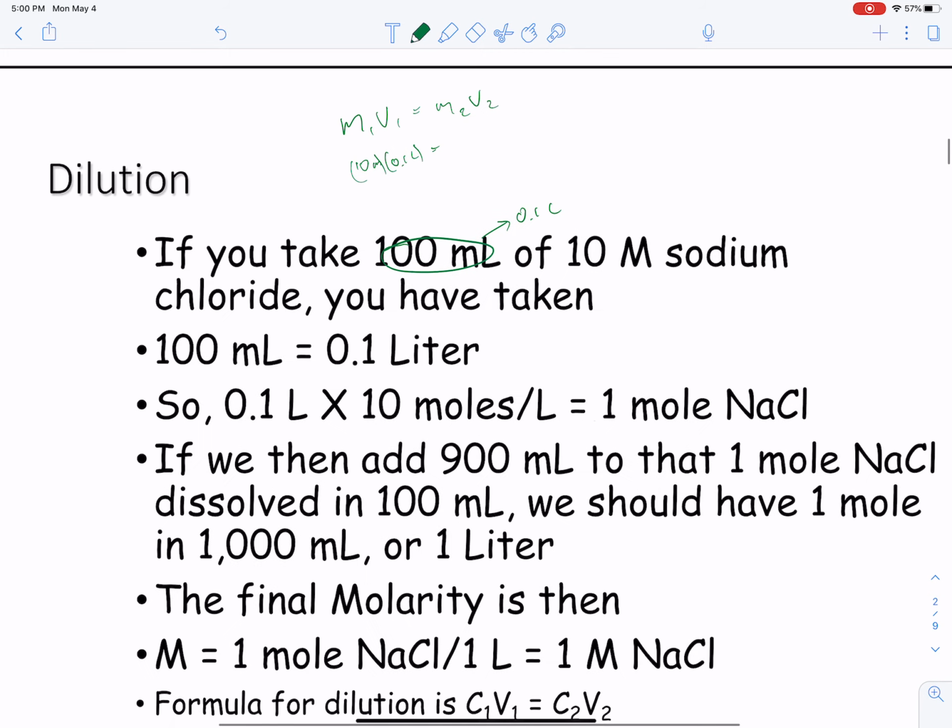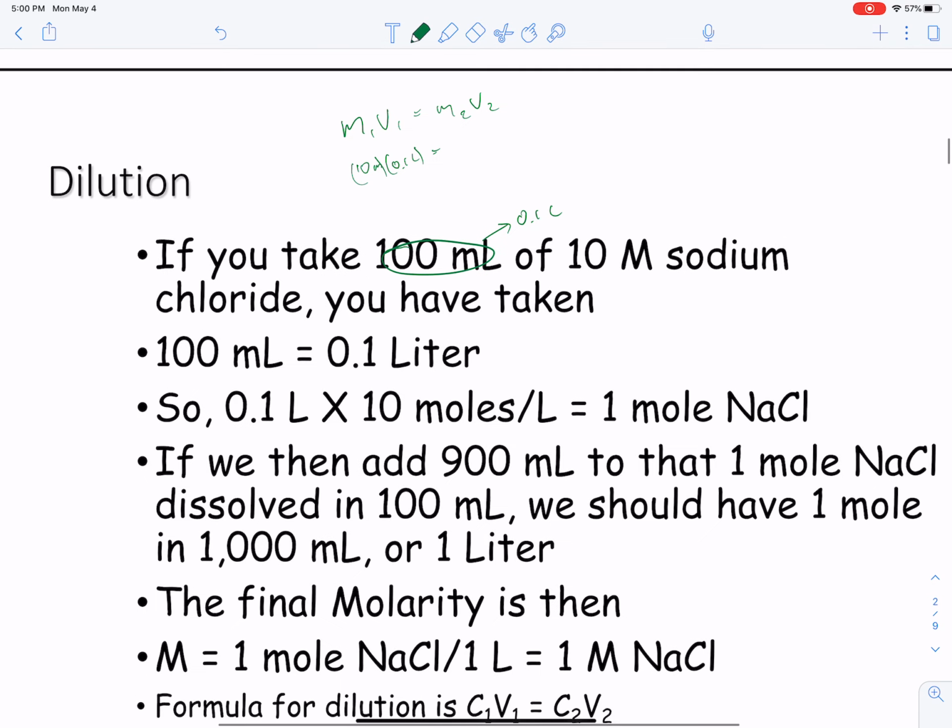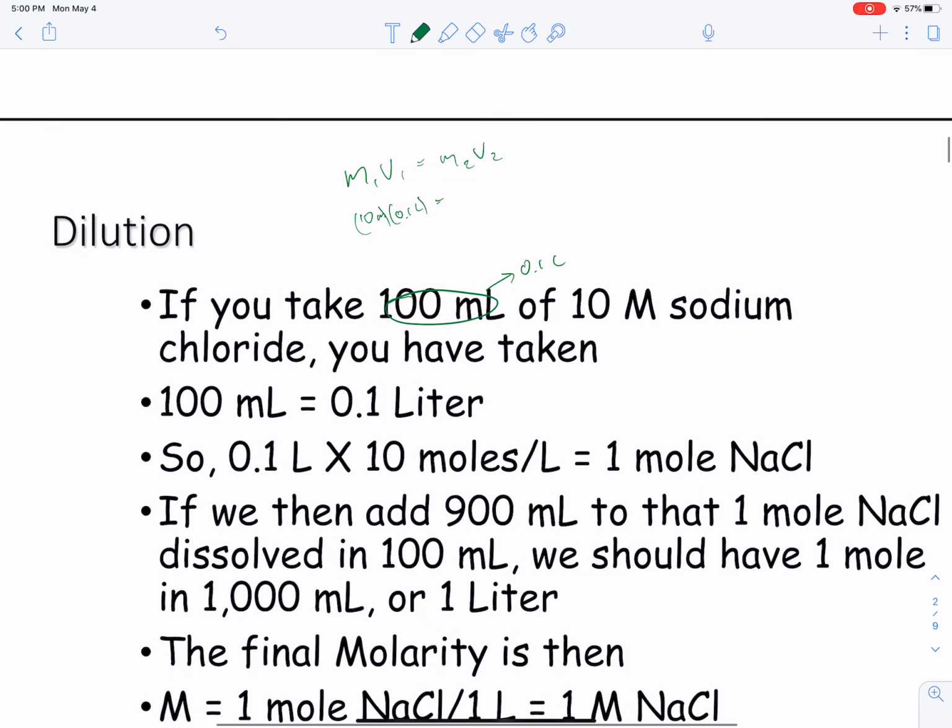and what are we trying to get to? It looks like 1 molar. How much volume are we going to need? Well, to solve for this, we're looking for this V2, right?